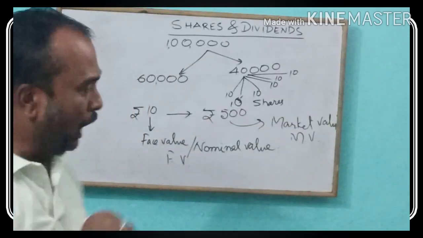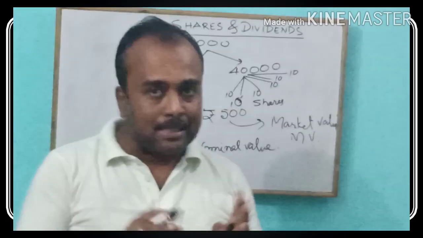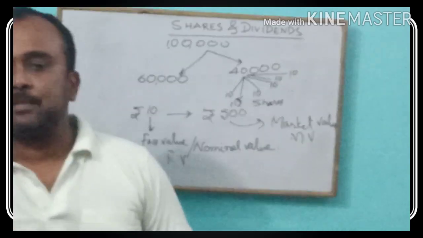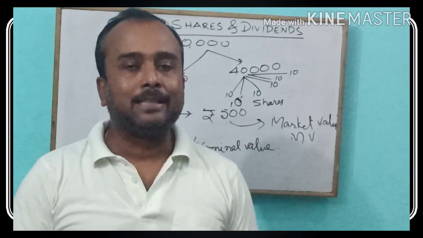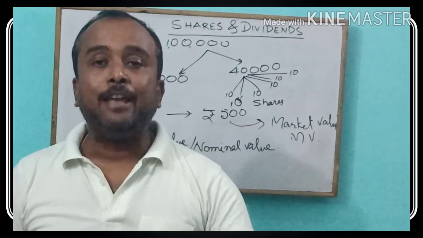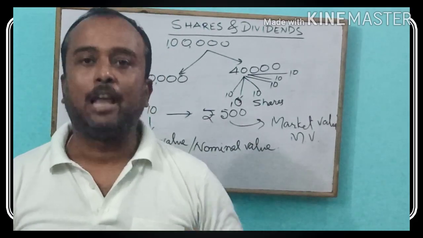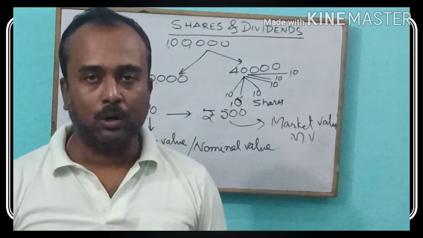Okay. Now, once it is decided what is face value and what is market value, the company will say that I will pay 5% dividend or I will pay 10% dividend. What does it mean?